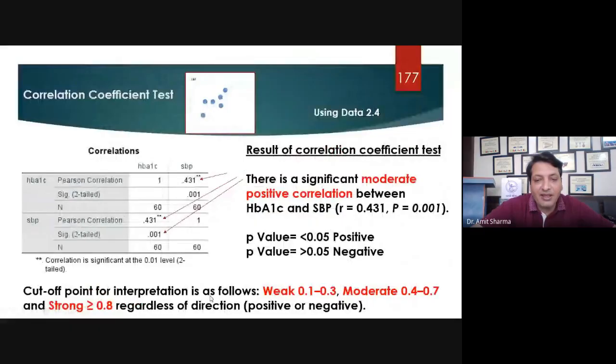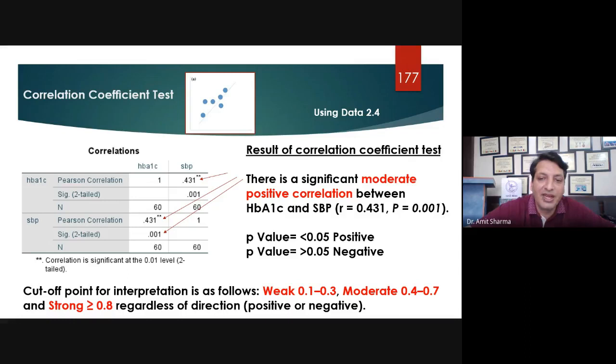We can say that correlation is weak if our value is between 0.1 to 0.3, and we can say that correlation is moderate if the value is 0.4 to 0.7. So these are the ranges by which we are going to tell whether our correlation is weak, moderate, or strong.